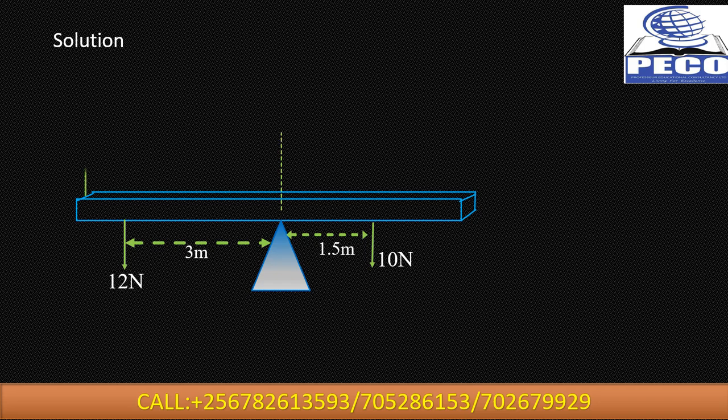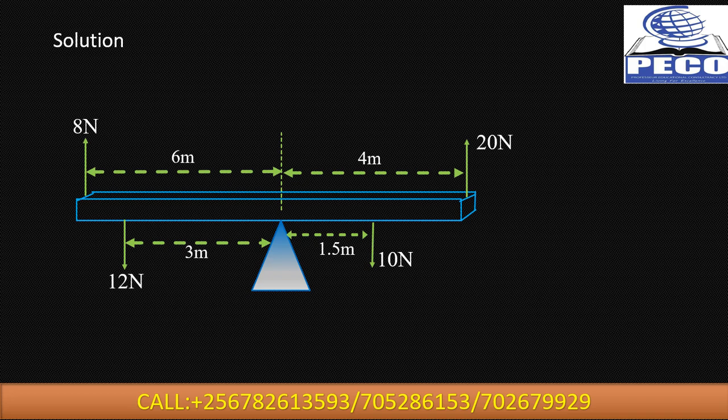Okay, then you have the one of 8 newtons and the one of 20 newtons acting upwards. This is a distance of 6 meters and the distance of 4 meters.